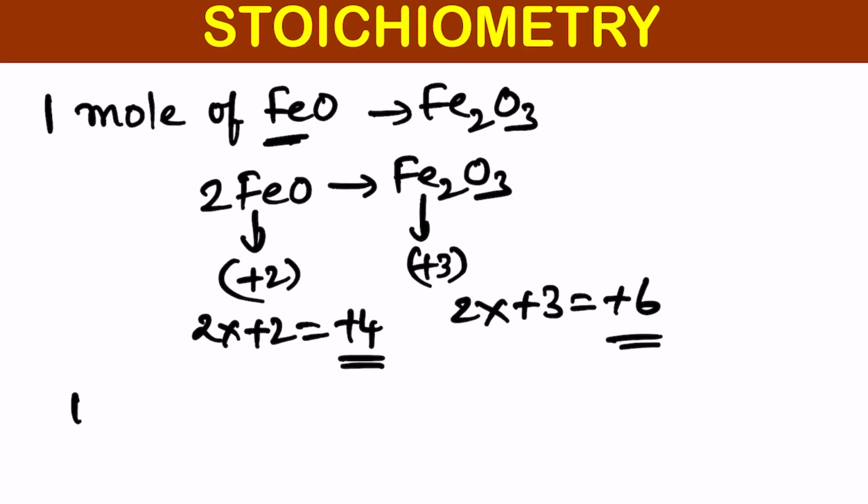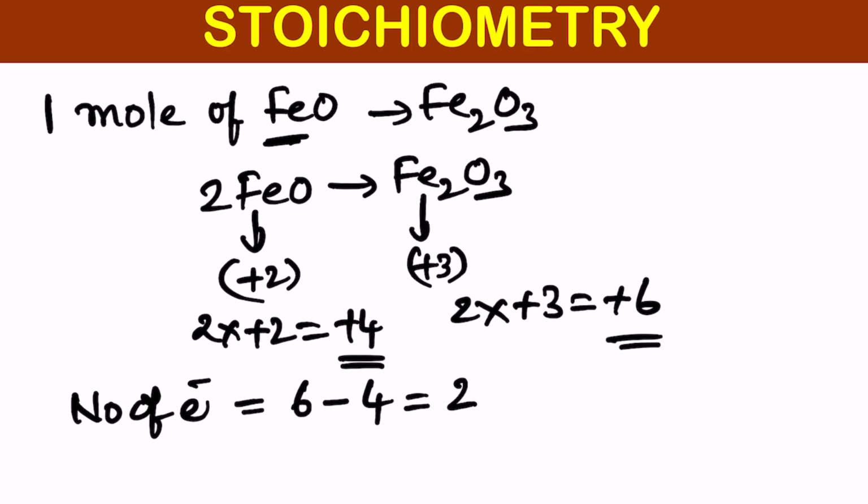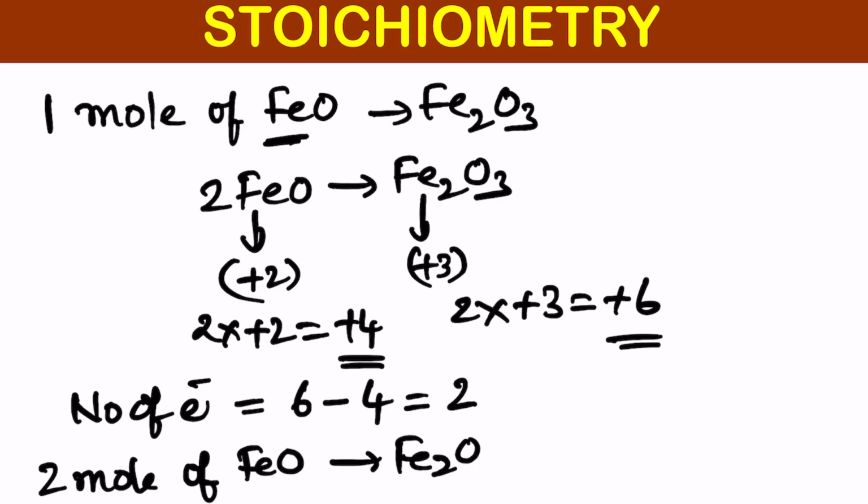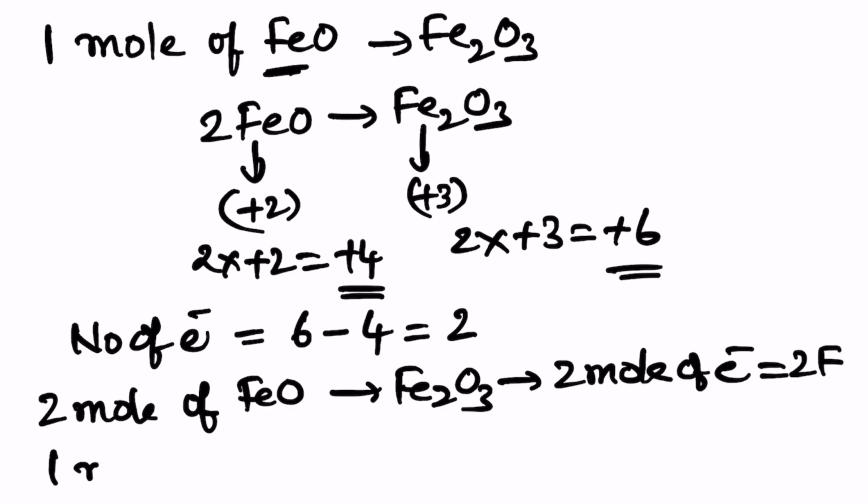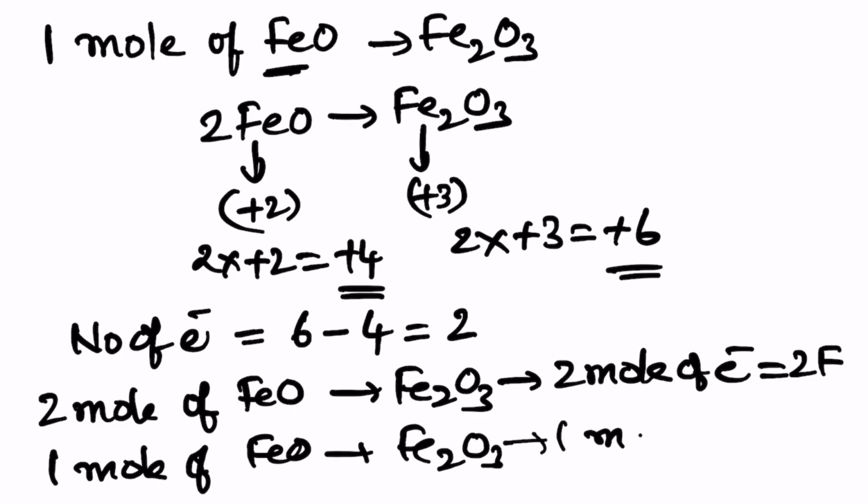Therefore, the number of electrons involved is equal to higher oxidation state 6 minus lower oxidation state 4, that is equal to 2. So 2 moles of FeO to convert into Fe2O3 requires 2 moles of electrons, that is equal to 2 Faraday. So 1 mole of FeO to convert into Fe2O3 requires 1 mole of electrons, that is equal to 1 Faraday.